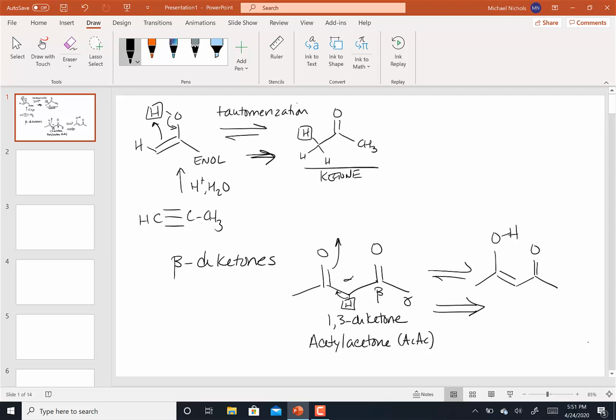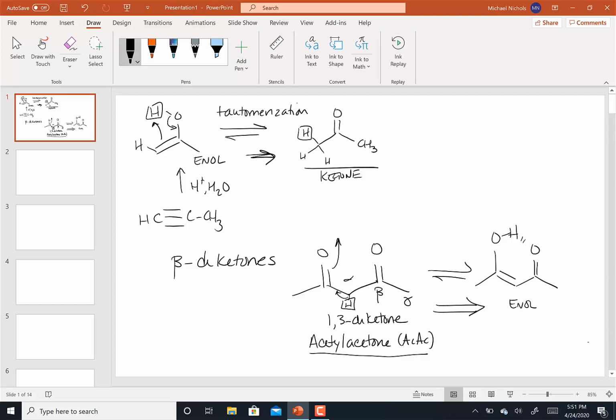As a matter of fact, if you have this ACAC, as you'll see if you go on and take physical chemistry lab, it is predominantly in this enol form, even straight from the bottle. Why?